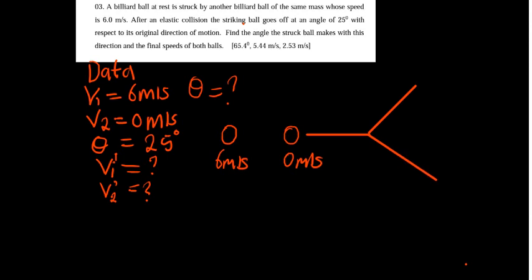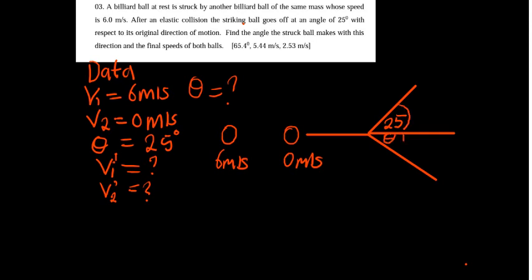Let me just try to put the necessary information on the diagram. I've been given this angle to be 25 for the first ball. For the second ball, we do not have it.